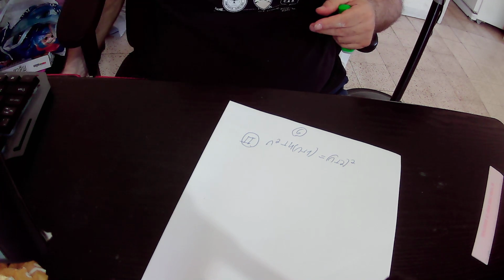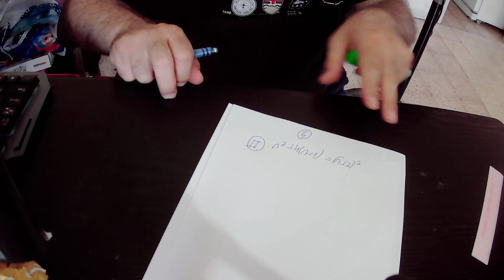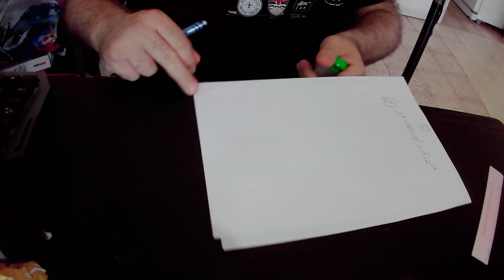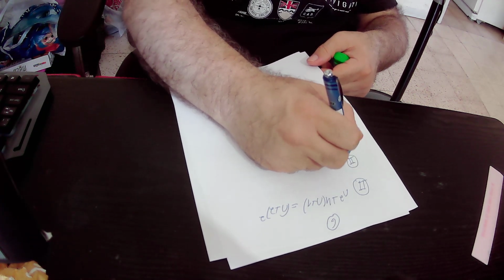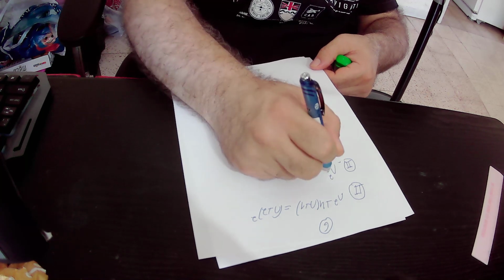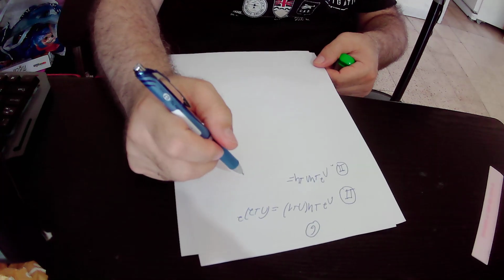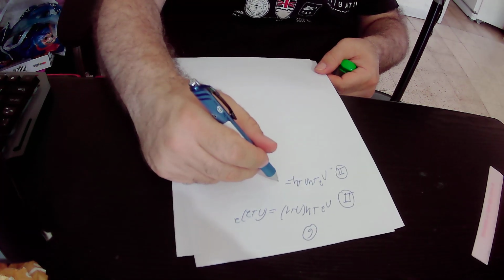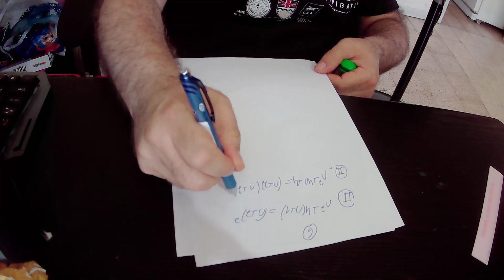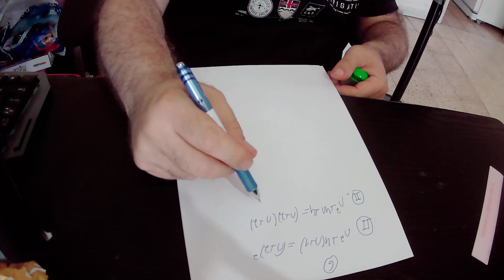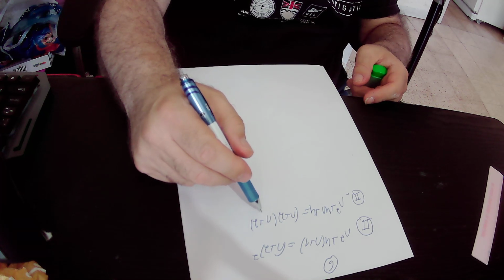So here we actually can open the brackets. n plus 2 squared is n plus 2 times n plus 2.